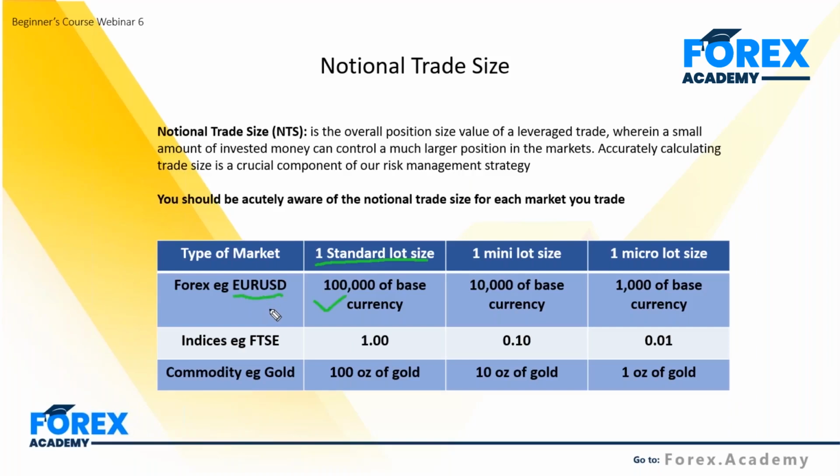So that's quite a large position, isn't it? Quite a large position. Whereas a 10,000 lot, okay, that makes a little more sense in terms of our trading account sizes. Perhaps we're trading 10,000, okay, and that's effectively our 0.10.